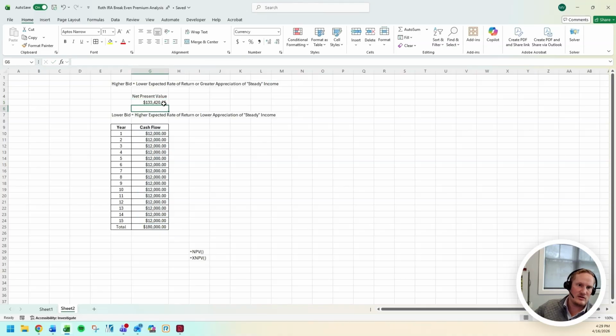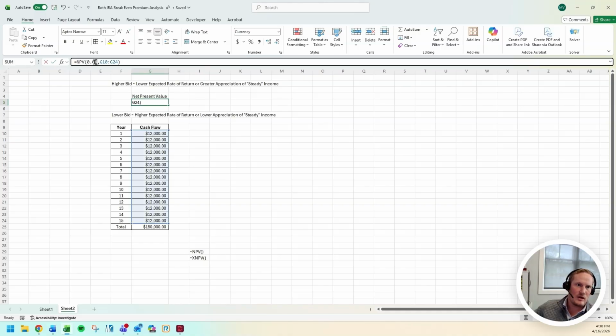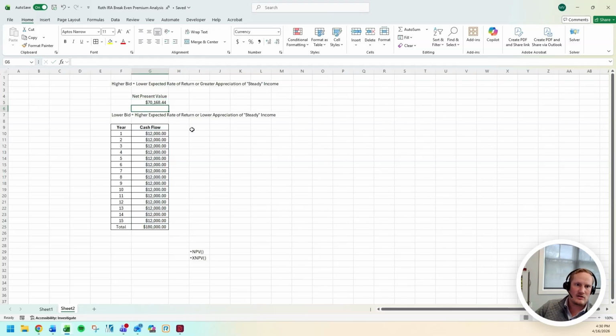And if you did use 4%, that would justify a bid of, say, something like $133,000. Conversely, if we're in a high interest rate environment and people are laughing at things like 10%, and you expect to earn 15% on these cash flows, then you would currently value it at $70,000.